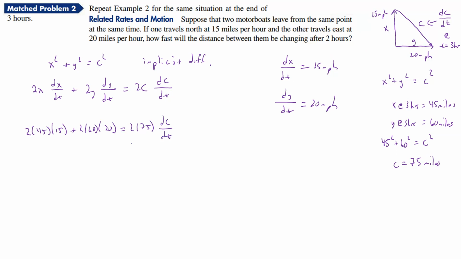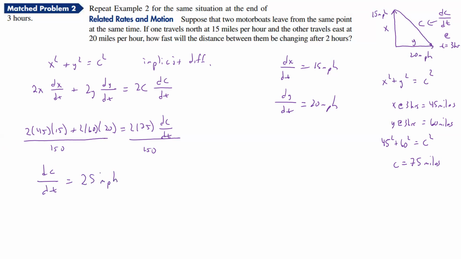If we divide both sides by 150 and plug it into our calculator, we get dc dt equals 25, and the change is in miles per hour.